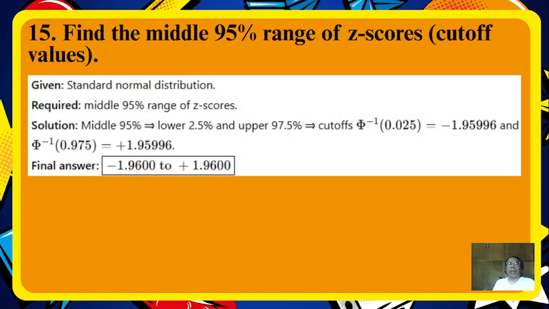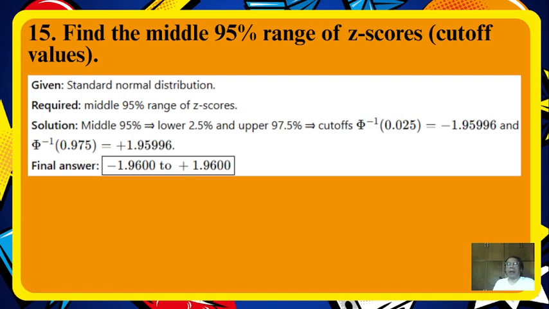Practice problem number 15. Find the middle 95% range of Z-scores, the cutoff values. So our solution, middle 95%. So the lower is 2.5% and the upper is 97.5%.